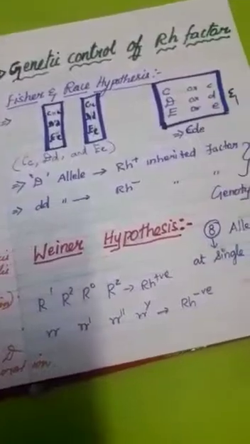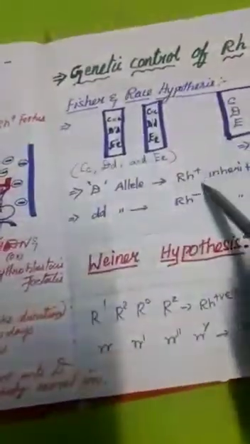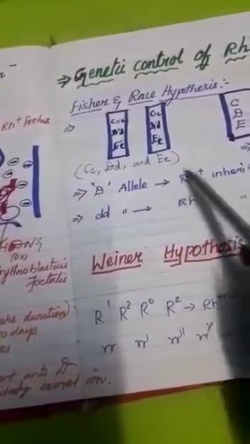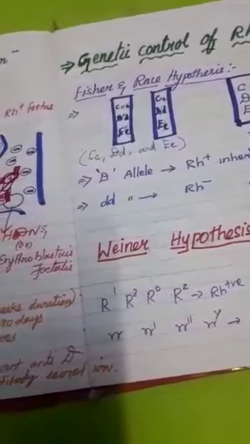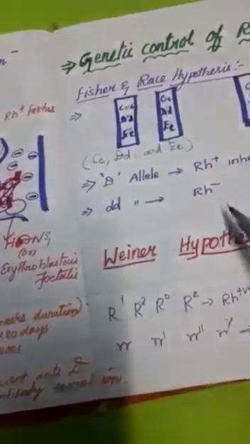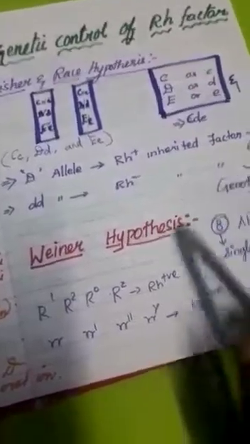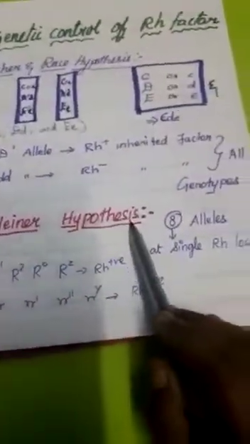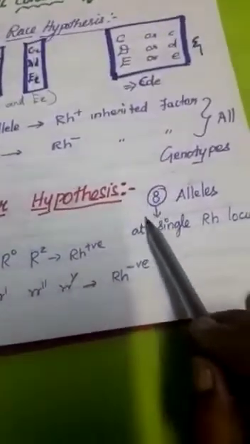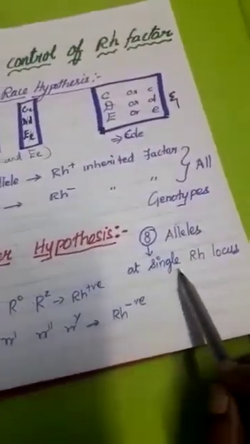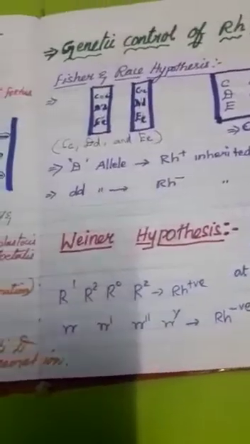His suggestion is that a genotype with the dominant allele will be expressed in further generations as Rh positive inherited factor. If it is a recessive allele, it will be expressed in the phenotype as Rh negative. Next, the Wiener hypothesis also suggested a similar result: 8 alleles located at a single Rh locus on the particular chromosome.